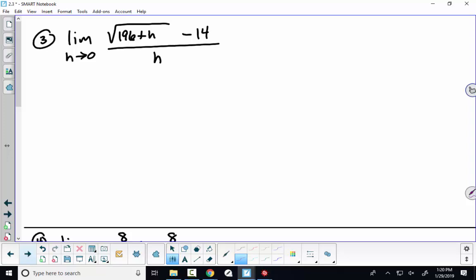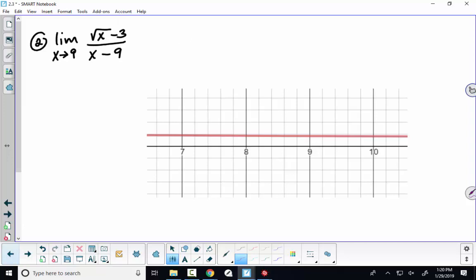So however we factor this, we're not going to get another factor of h up top to cancel that in the bottom. So that third example is an example of where we would need to utilize the conjugate to simplify. So we'll do that in a minute. Similar example here, the limit as x approaches 9 on our given function.